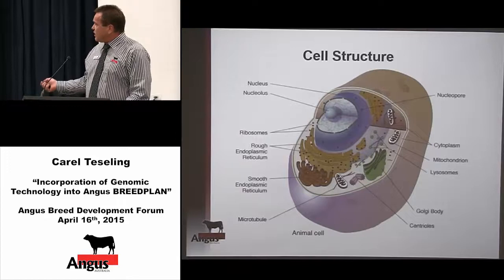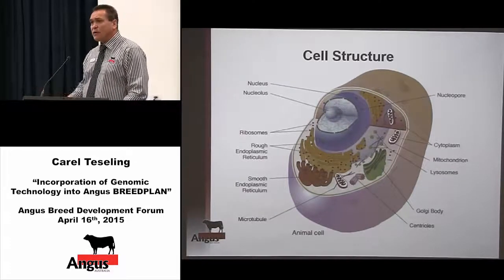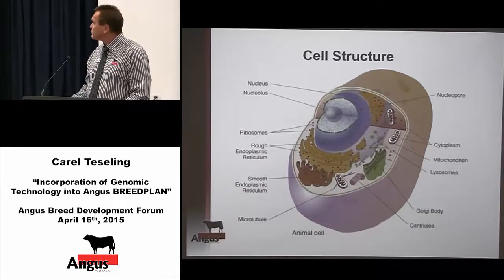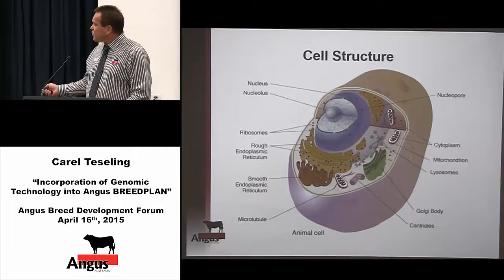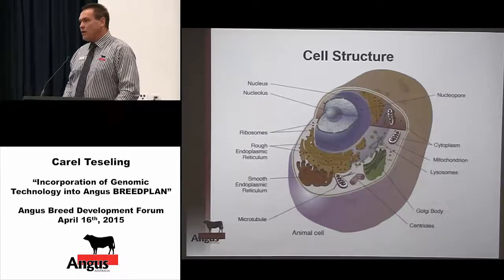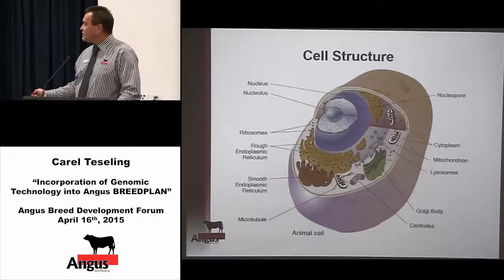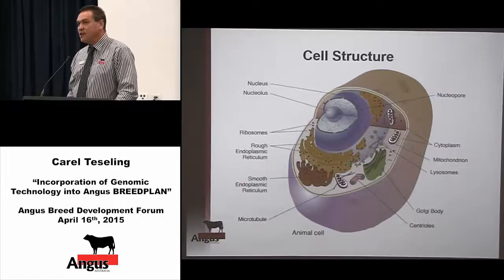So just taking you back a little bit quickly, this is just quickly giving you an impression of a cell. Of course, we all know that all living organisms are made up of cells, and there's a lot of complex activity happening within cells, and that's important for us all to continue to remember, that all of this activity is driven by the genetic material that's inside the nucleus.